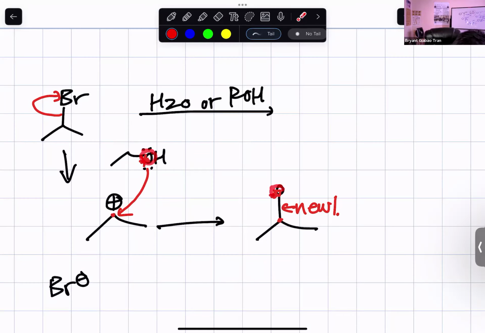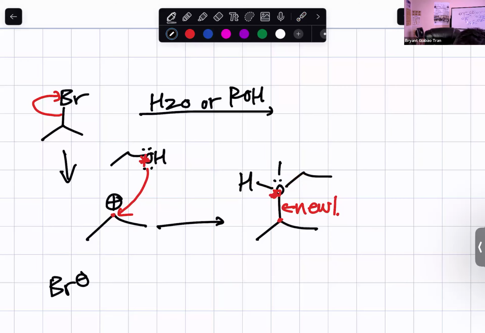This oxygen here that is starred is attached to an ethyl group and a hydrogen. And before it had 2 pairs of electrons, but now it only has 1 pair of electrons because it used its other pair of electrons to make that new bond between that carbon and oxygen right there. And because this oxygen has 3 bonds, it will have a positive charge.